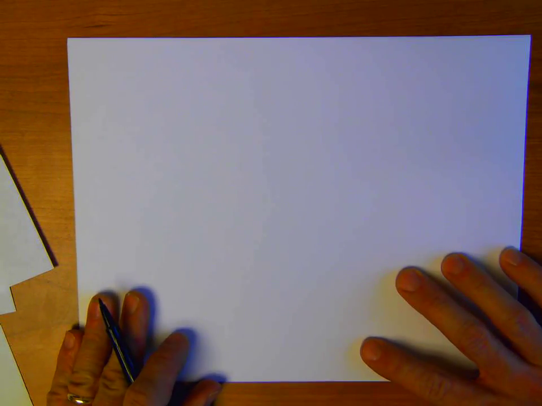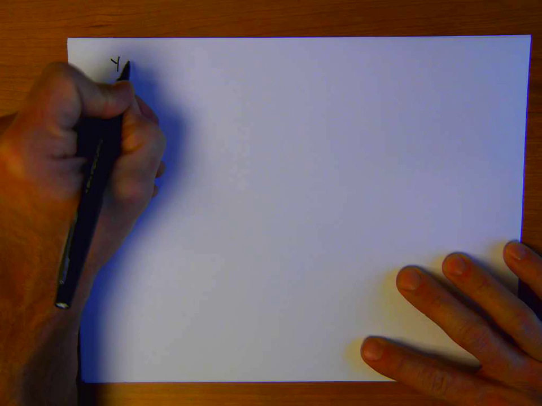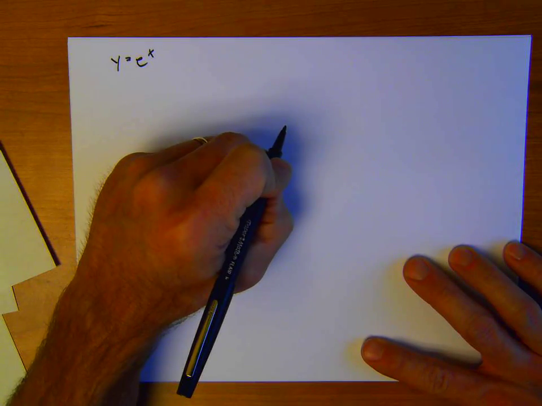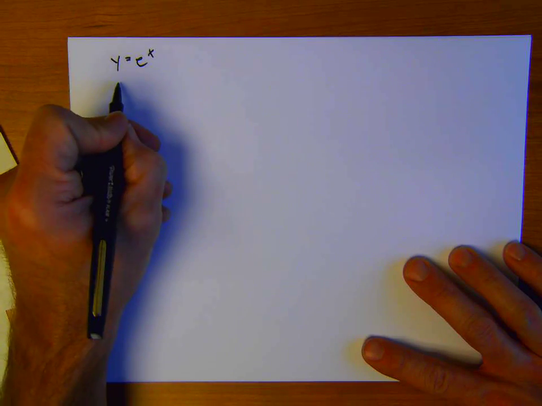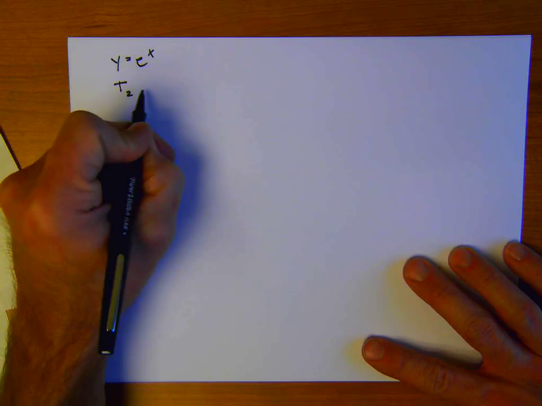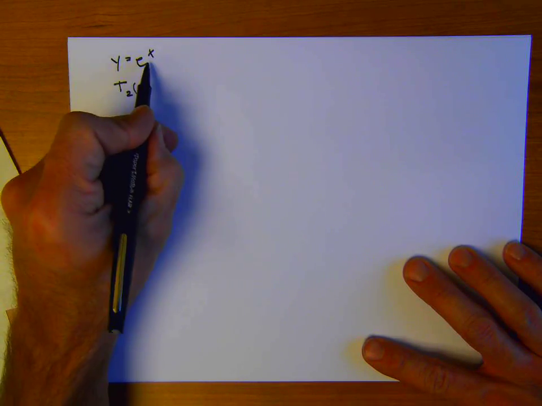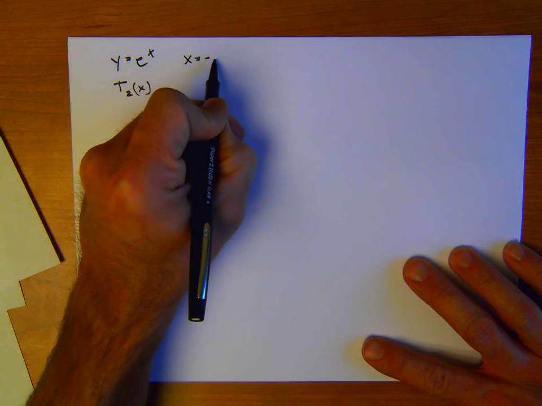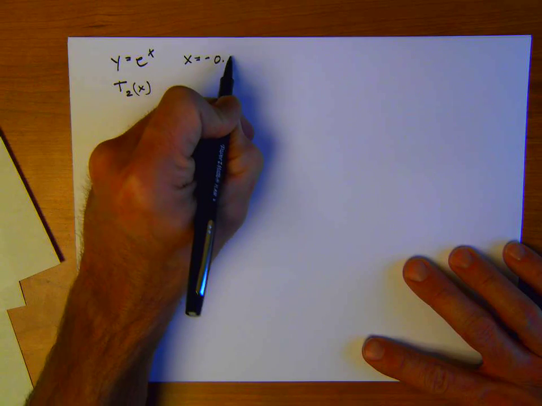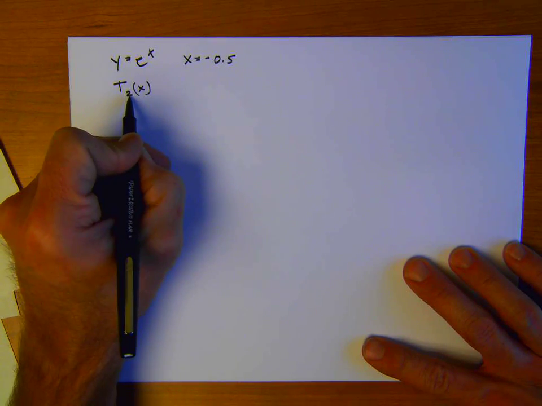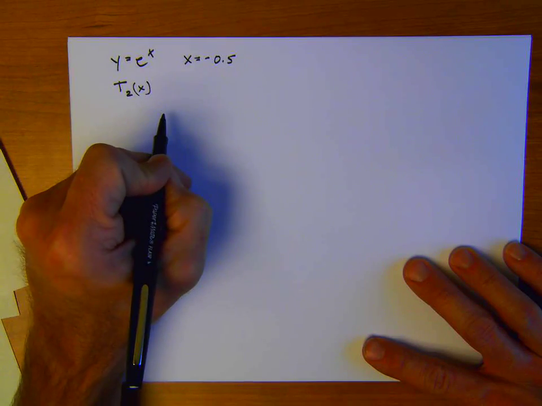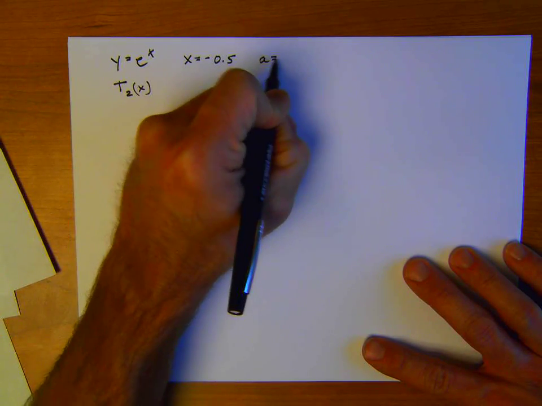In this case, we're given that our function is e to the x. And what they want us to do is use T2 to estimate e to the x at x equals negative 0.5. And they want us to use T2 of x, the second degree Taylor polynomial centered at a equals 0.